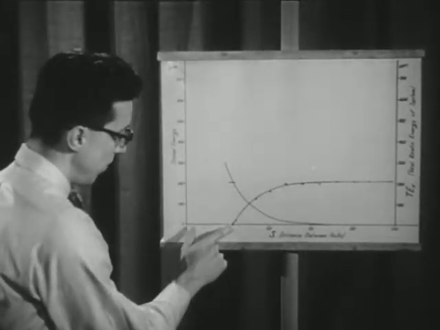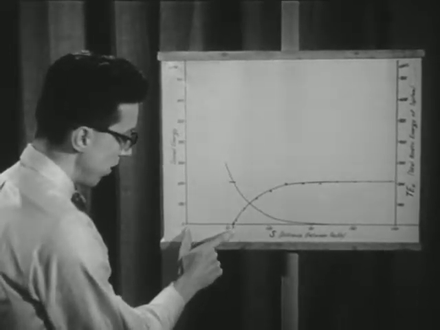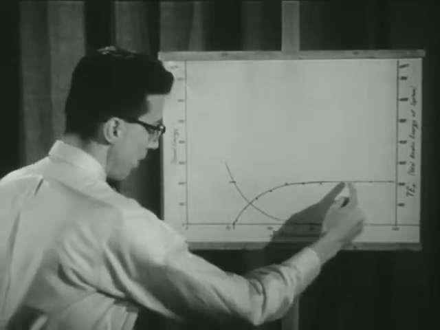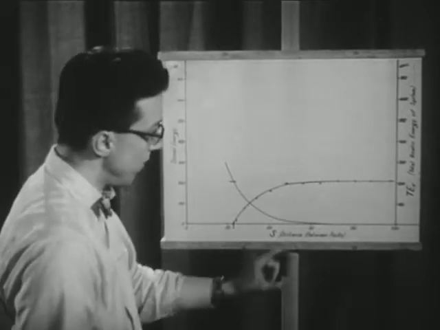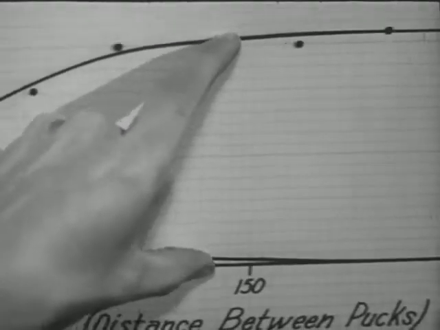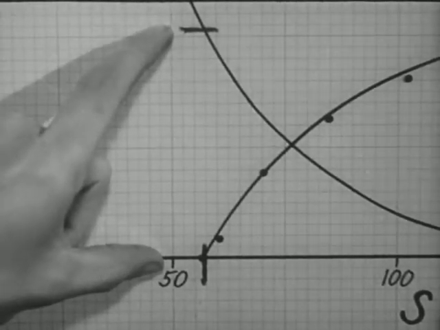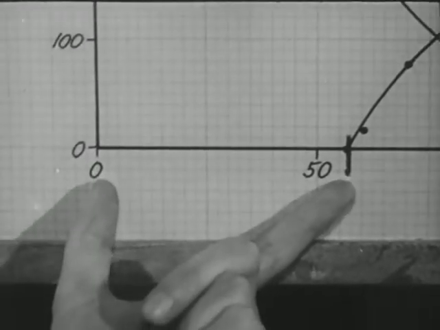Here, when the pucks were tied together with a string, they were 56.5 millimeters apart. Then, as they exploded, they moved farther apart, and the total kinetic energy they acquired was this much. And it is the same as the energy that we predicted would be stored by the two pucks when they were just this distance apart.